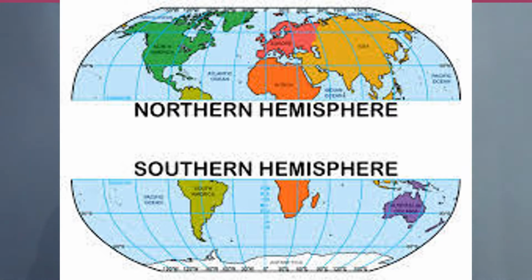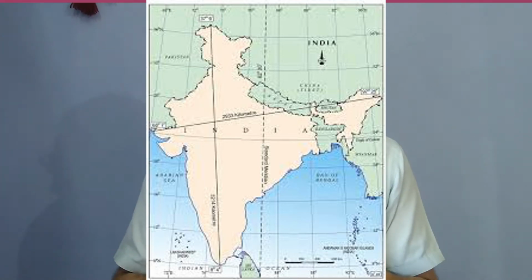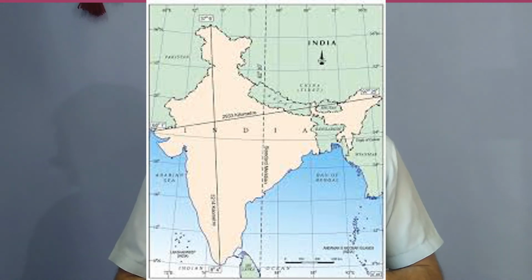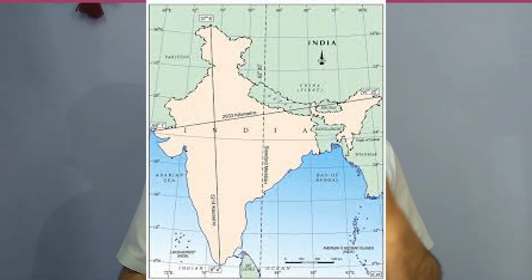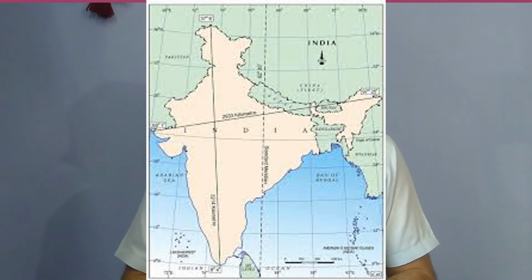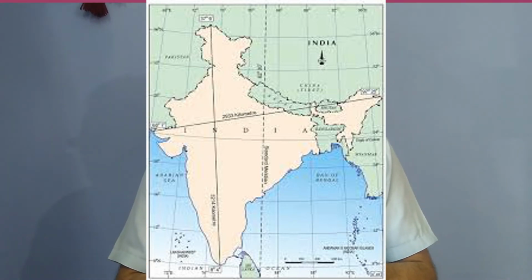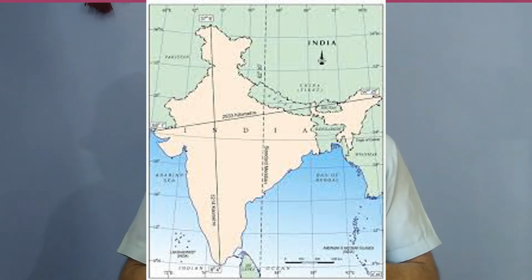The southernmost line passes at 8 degrees 4 minutes north, and the northernmost point of India is located at 37 degrees 6 minutes north. This is the latitudinal distance of India.